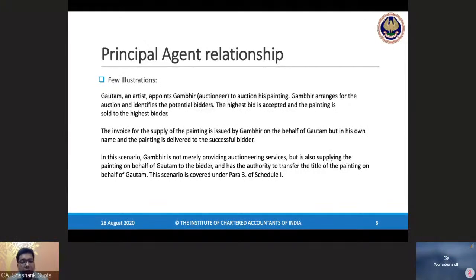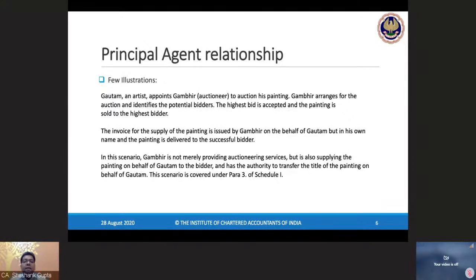In this scenario, Gambhir is not merely providing auctioneering services, but is also supplying the painting on behalf of Gautam to the bidder.